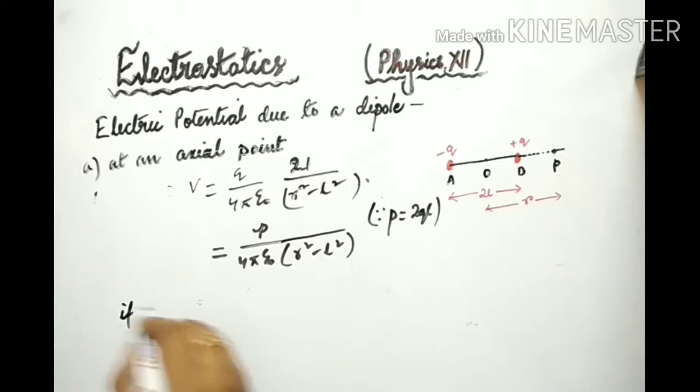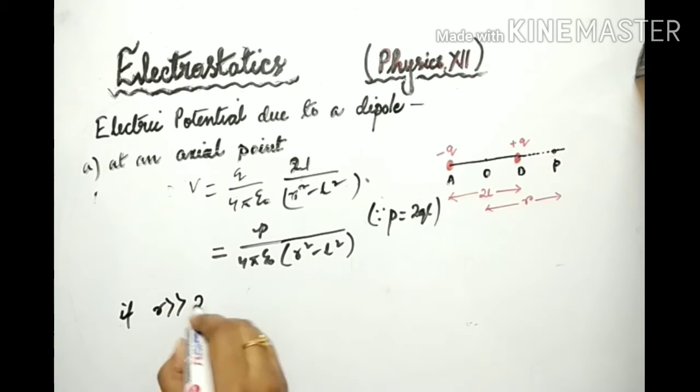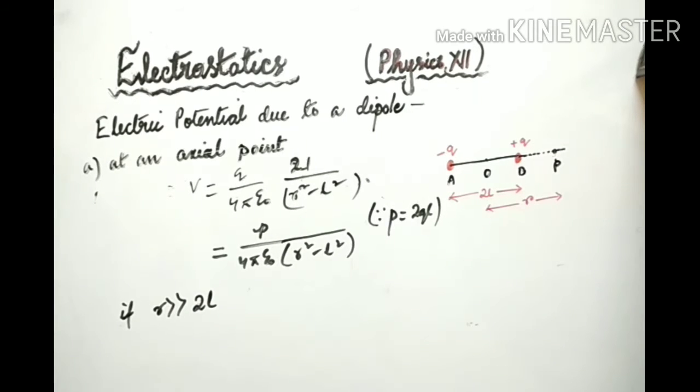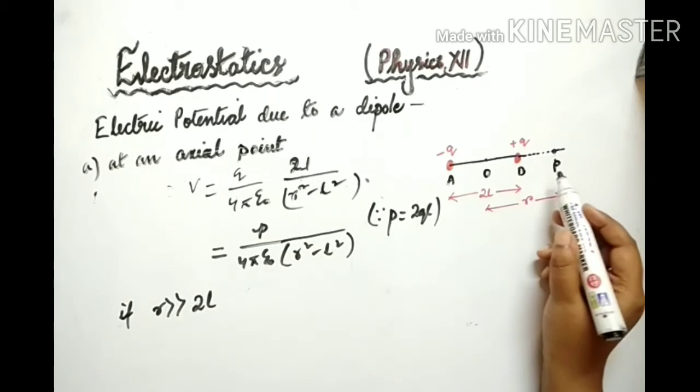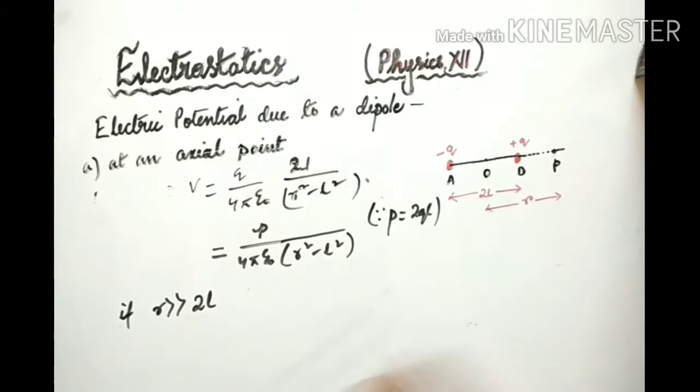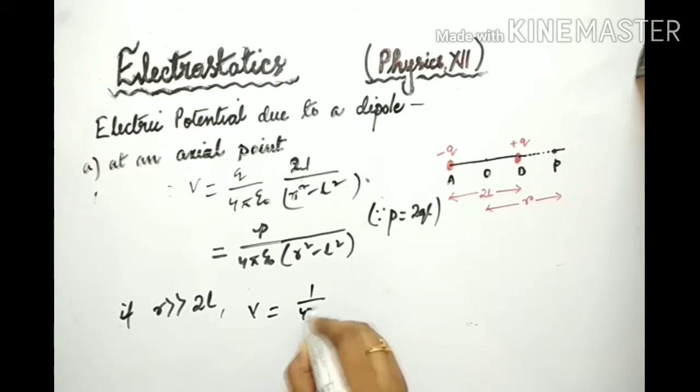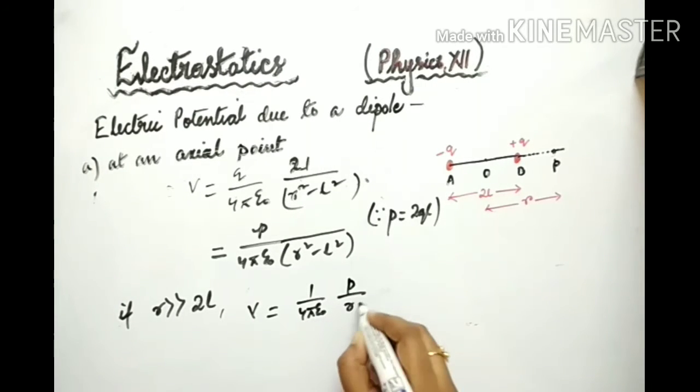Now if R is much greater than 2L or L, that means the point P is very far away from the dipole, then we can write V as 1 by 4 pi epsilon naught P by R square.